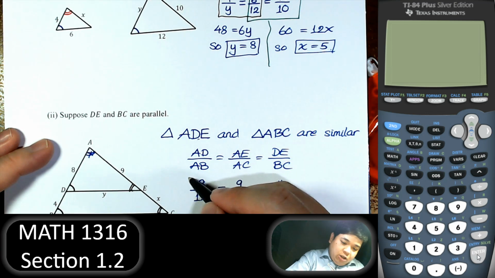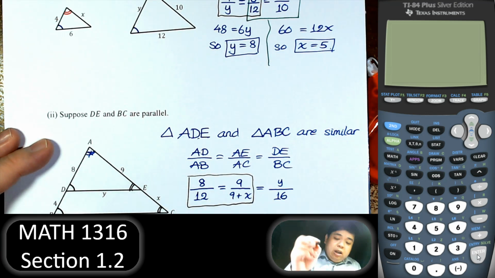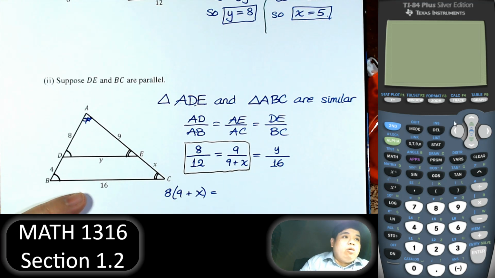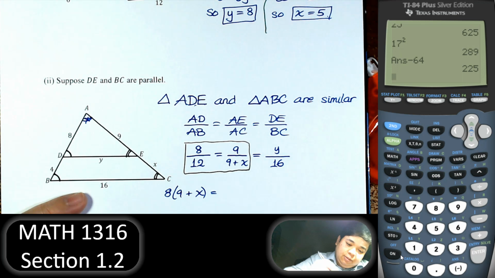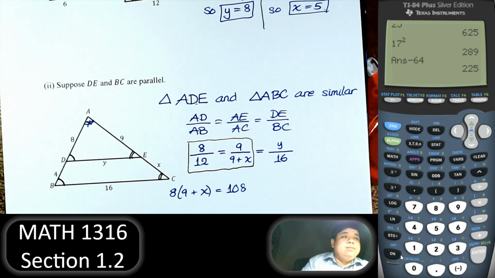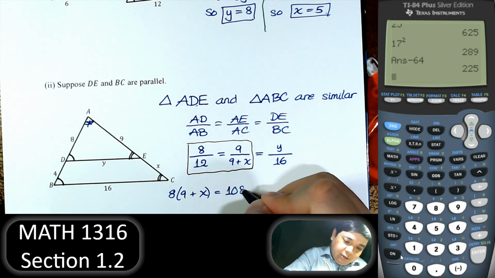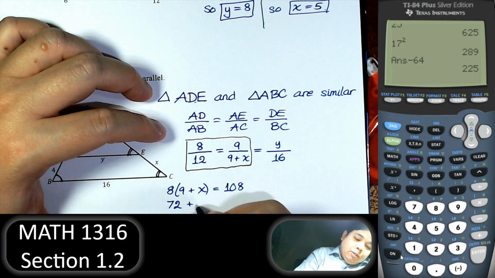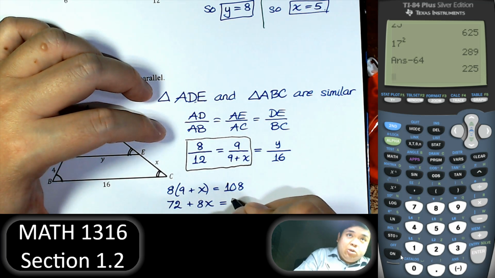Right, so just work with the ratios. Let's take this ratio, cross multiply, and then solve for x. So 8 times 9 plus x equals 12 times 9. 12 times 9 is 108. Cross multiply, so 72 plus 8x is 108.